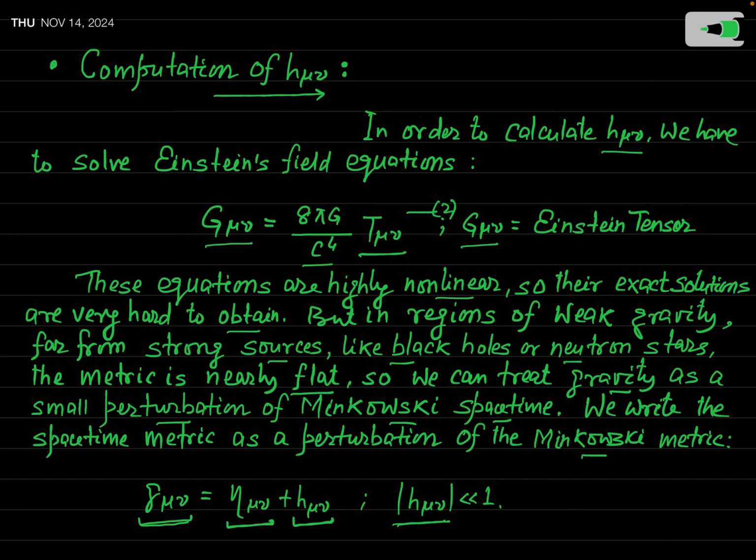Actually, in making this approximation, we are effectively assuming that the disturbances produced in the space-time are not huge. This perturbation is very small. This linearization approach has proved extremely useful for calculations, and for weak fields at least gives accurate results for the generation of the waves and for their propagation.